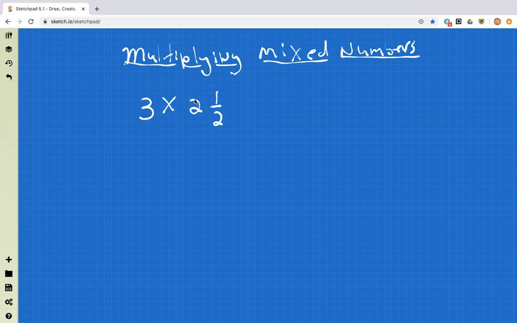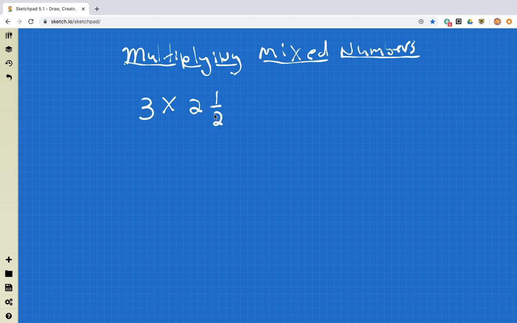And this is called a mixed number because this is a whole number and this is a fraction, right? It's a mixture of whole numbers and fractions. The problem is I can't multiply 3 by 2 1/2 all in one go. I can multiply 3 by 2 wholes, and I can multiply 3 by 1/2. But I have to do it in 2 steps, okay?